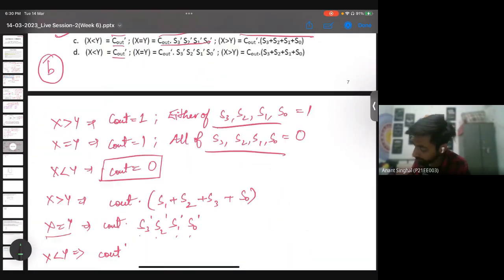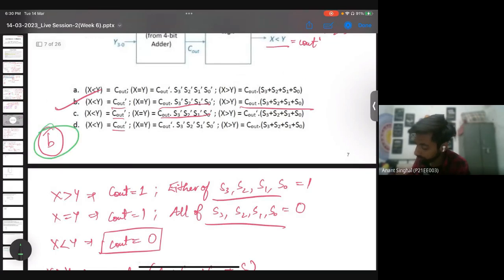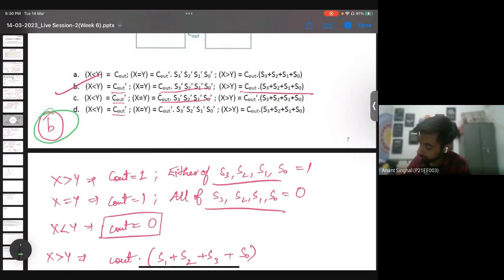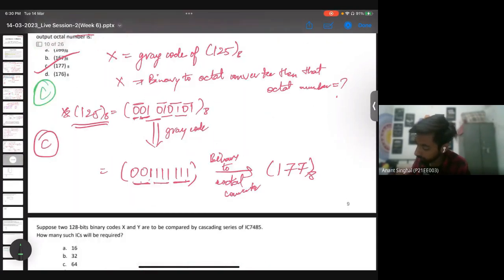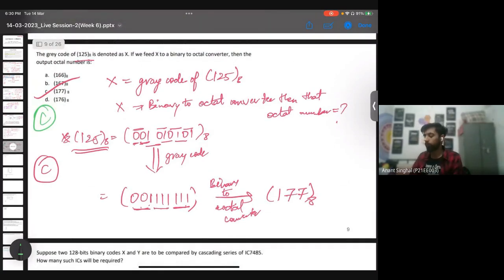In the last question, the correct answer was option number B. So take your time to note this. This was quite a basic question in which we required a binary to gray conversion and then a binary to octal conversion.